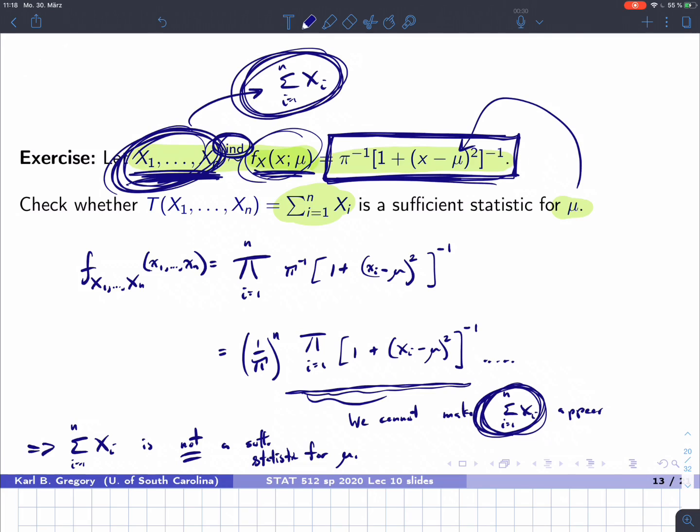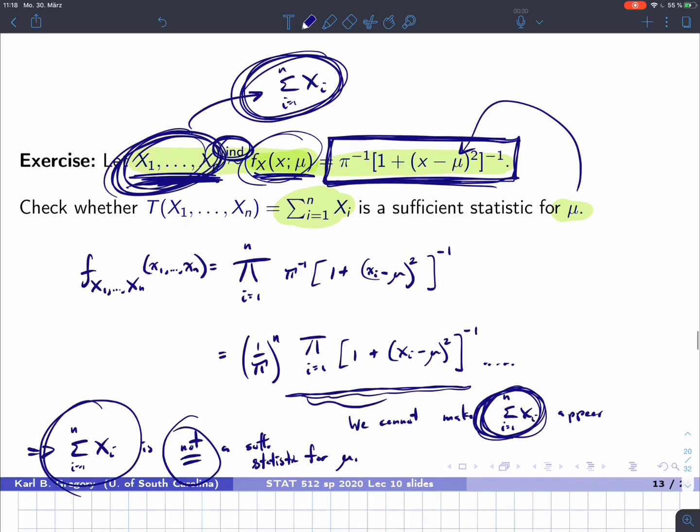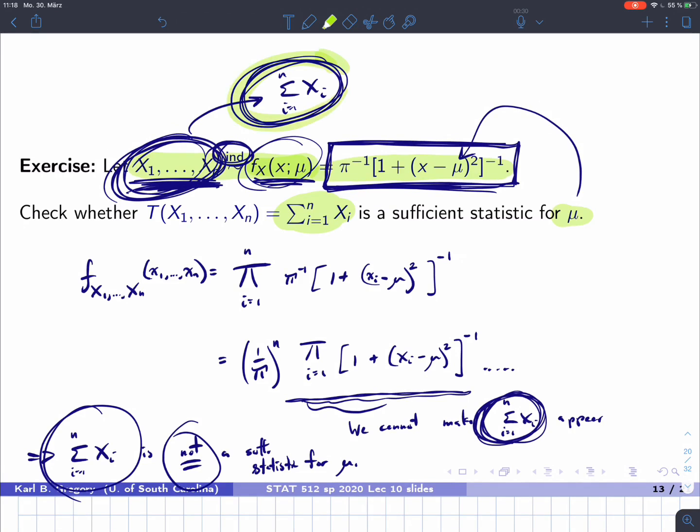That's what it means that the sum is not a sufficient statistic. It means keeping only the sum and throwing away the individual values causes you to lose some information about mu.